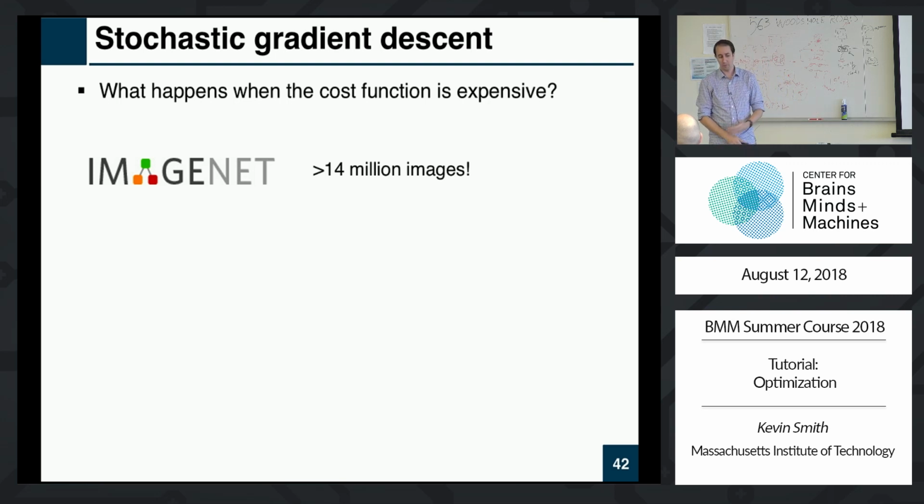Well, the way you've got to calculate that is by classifying each image individually, comparing it to the actual classification in ImageNet, and then summing over all of those different images. And that means that you have to do this, if you're doing this just naively, 14 million times each time you calculate the cost function. That's a lot of computation.